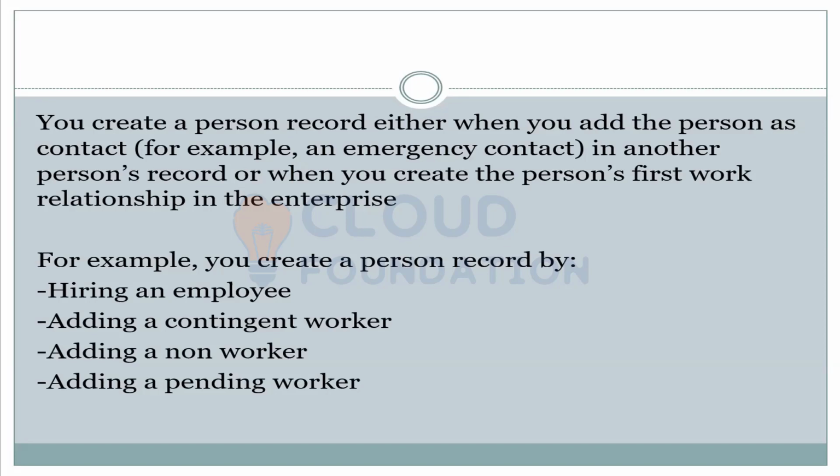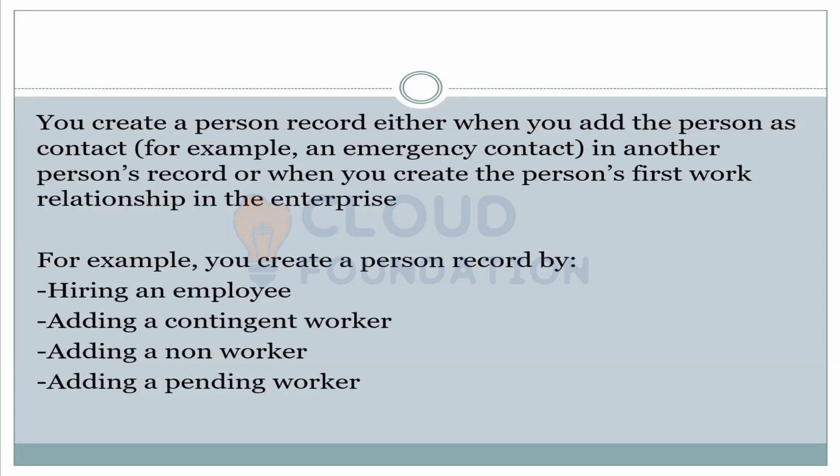So you add the person as a contact in another person's record, or you create the person's first work relationship in the enterprise. When you create a person's record, the work relationship is created.